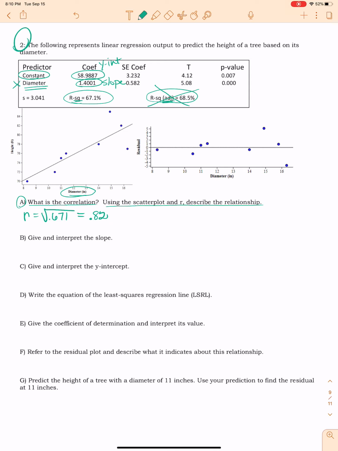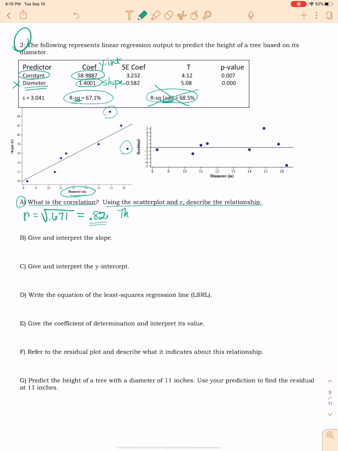Using the scatter plot and R, describe the relationship. In your scatter plot, we do have a couple of values that are off the trend, but overall it's got a pretty linear distribution, and the R is pretty close to 1. So this would still be considered a strong relationship.